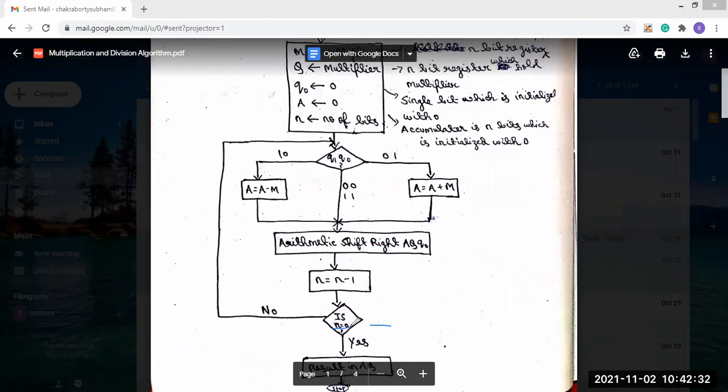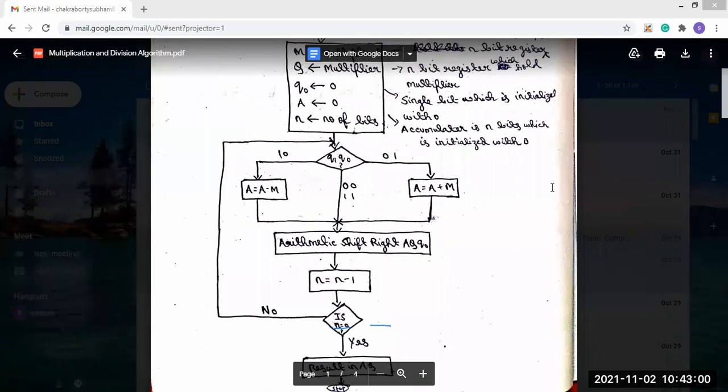If n is not equal to 0, we perform these operations again. If n is 0, the result is in AQ, and we stop. So this is the flowchart of how the multiplication is done.